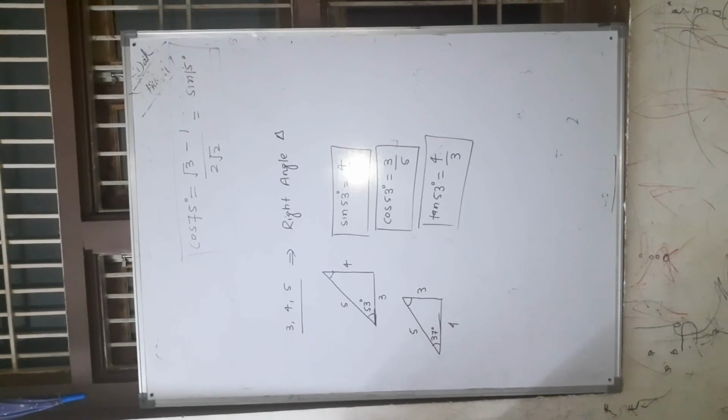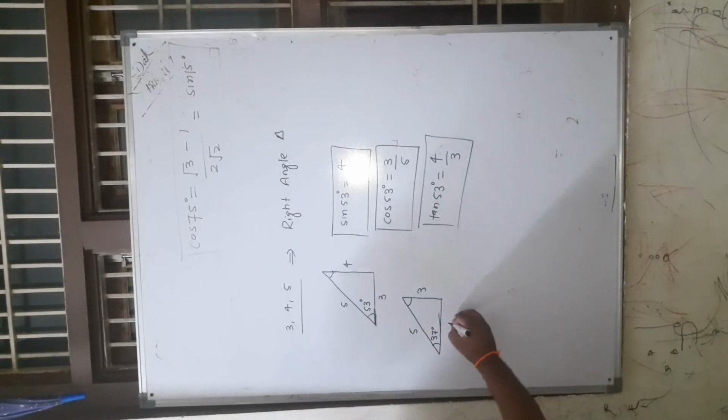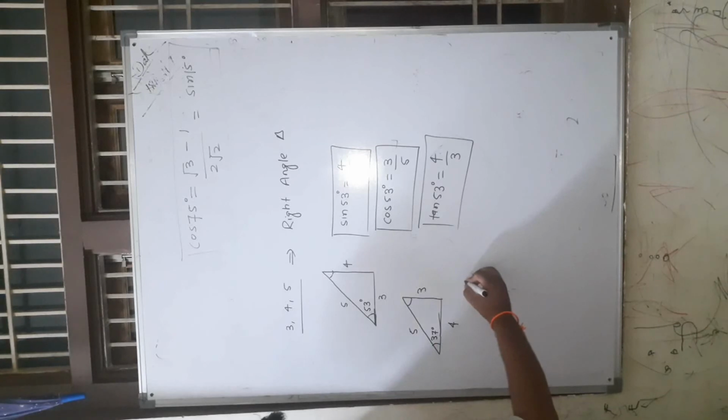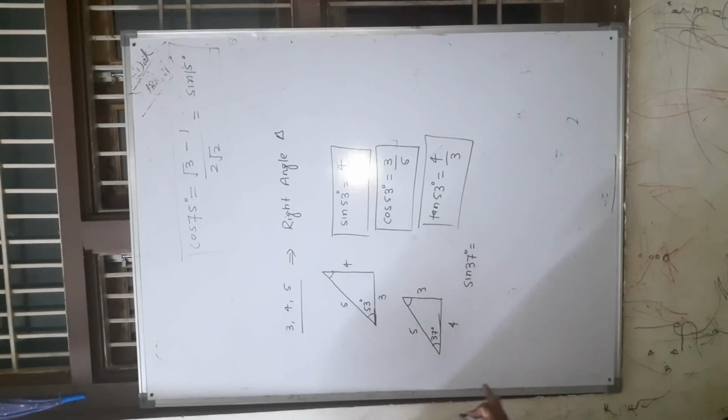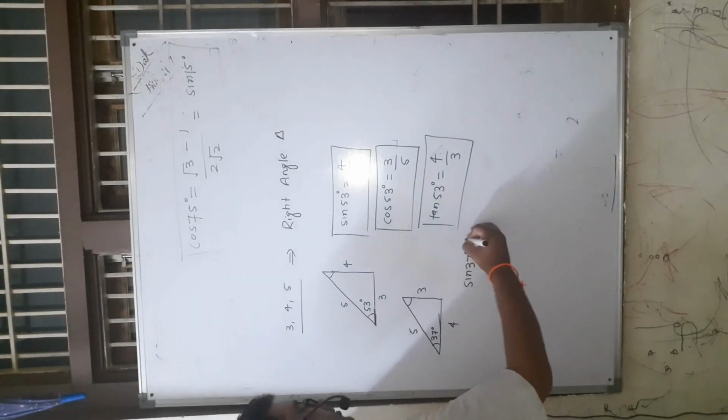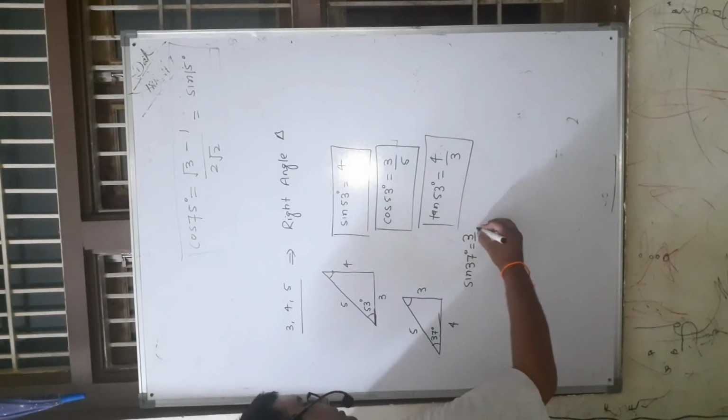Okay guys. If we take the 37 degree angle for this triangle, then what will be the value of sine 37? Sine theta, as you know, is equal to perpendicular upon hypotenuse, so sine 37 is equal to 3/5.